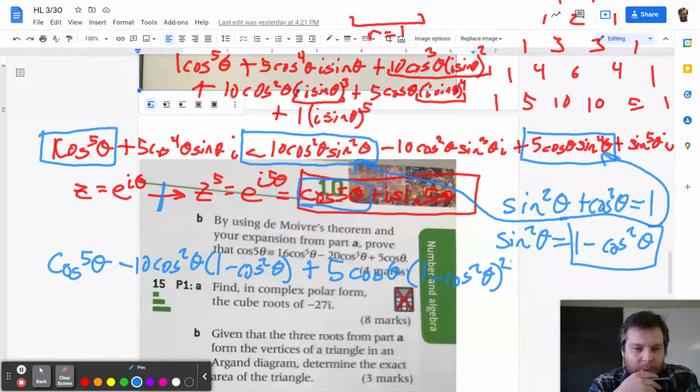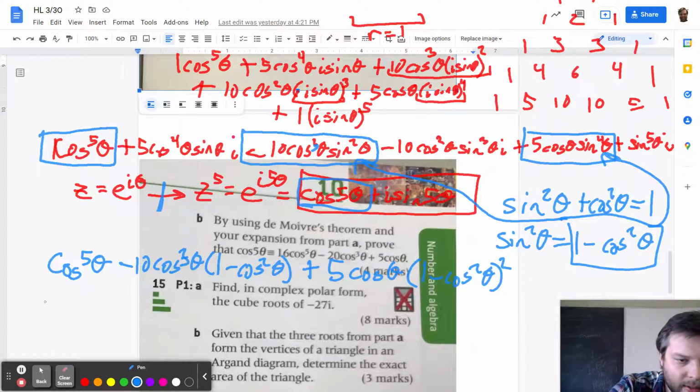So we need to square that out again. And that's where we're getting some of those other values from. Oops, this was a cosine to the 3rd. Cosine to the 3rd. Okay, we're almost there, folks.